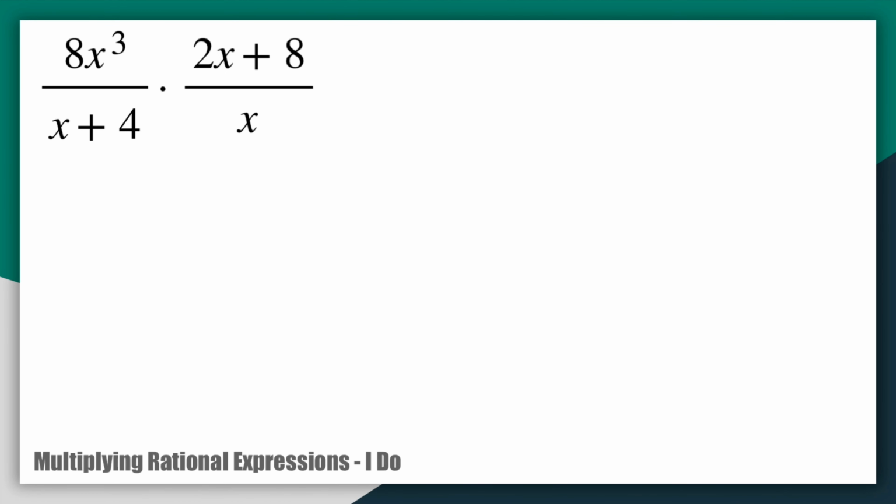All right, let's dive in here and solve one. I normally don't write steps, but I feel it's important to write steps on this particular lesson. The first thing you want to do is factor everything. Don't multiply yet. Factor everything first.